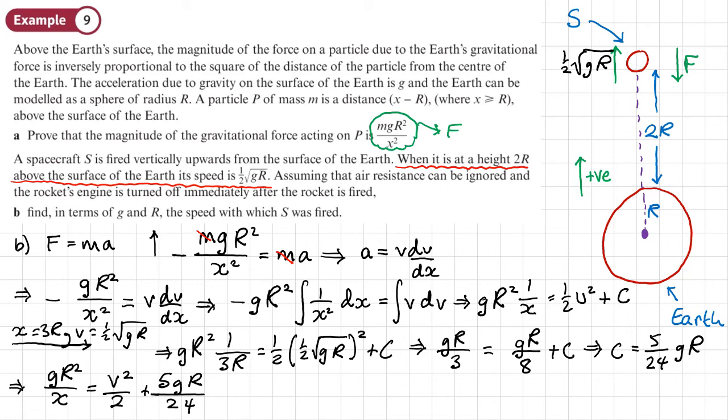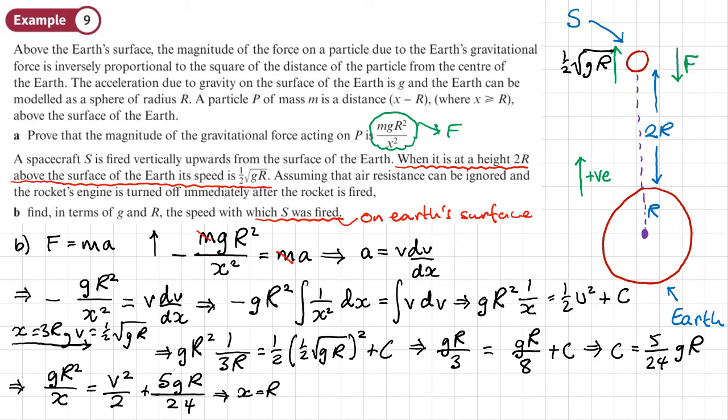So going back to the question, I want to find the speed at which it was fired. Now when it was fired, it was on the Earth's surface, which means that its distance from the centre of the Earth, x, was just r. So now we replace x with r because it's on the Earth's surface.